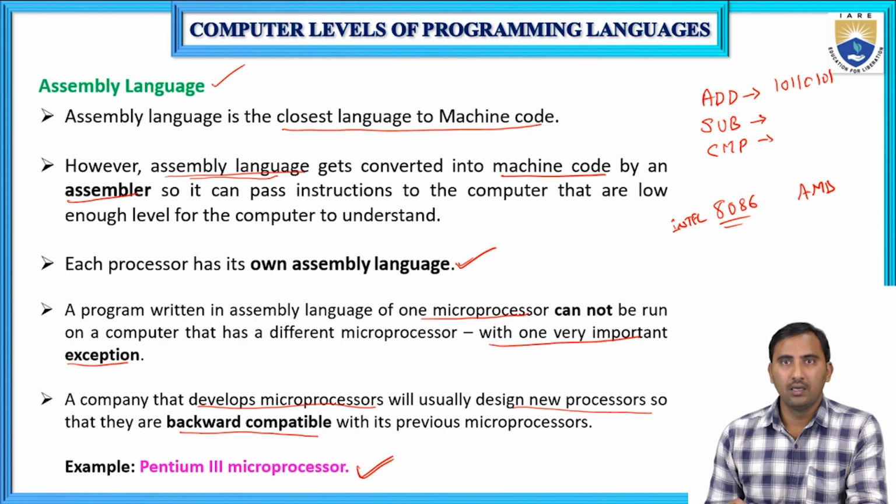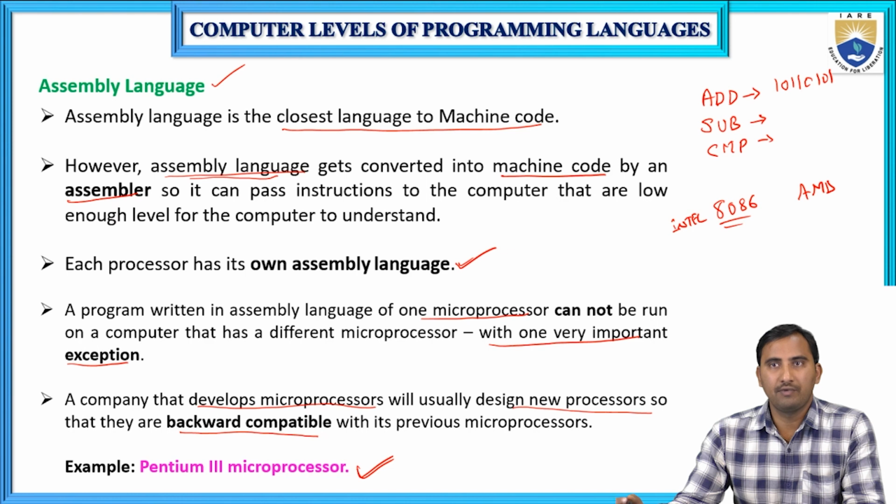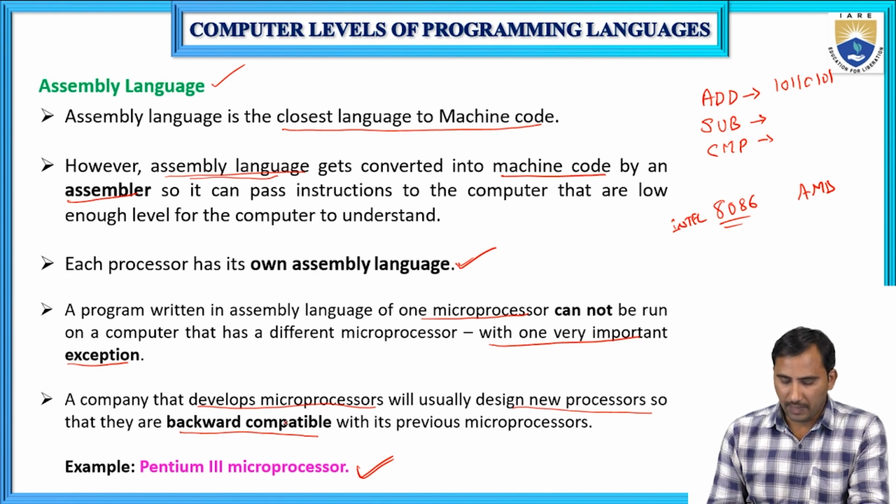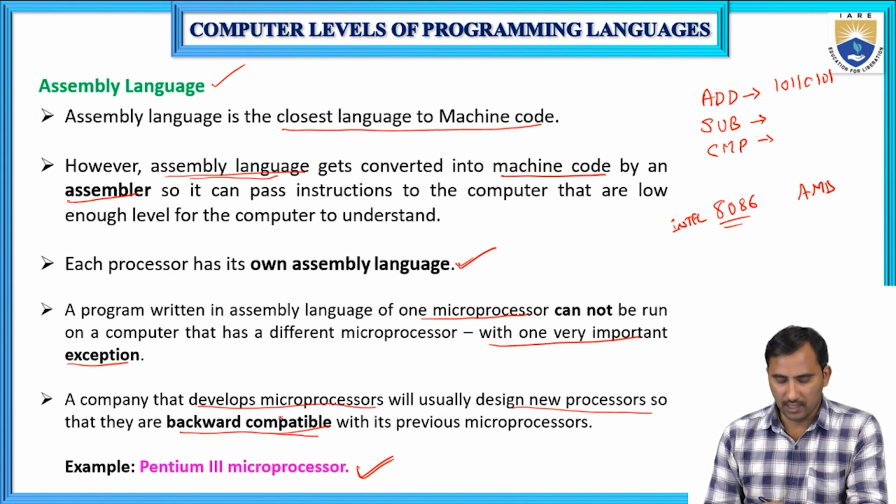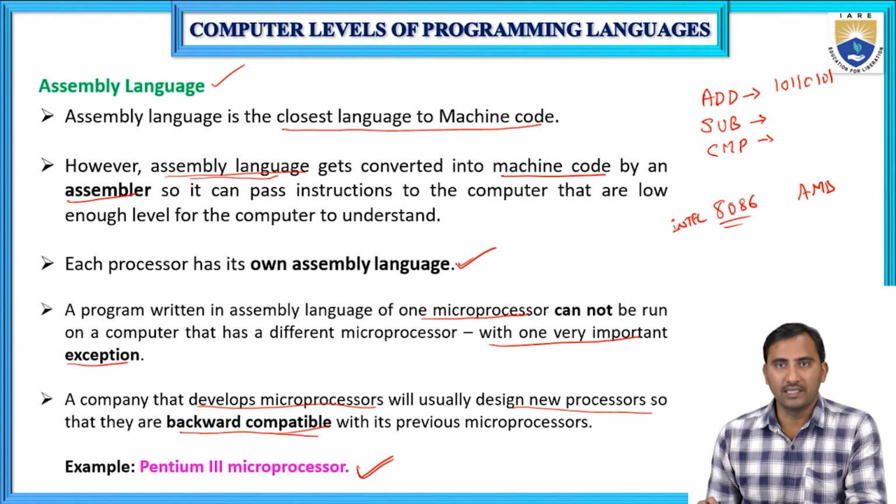The programs written for its previous backward compatible processors, like Pentium 2, Pentium Pro, 80486, 80386, 80286, 8086, are all backward compatible.